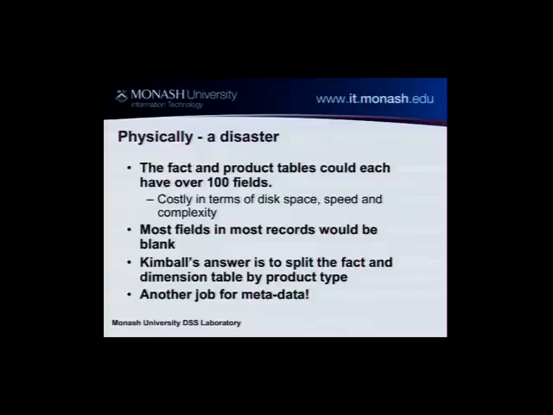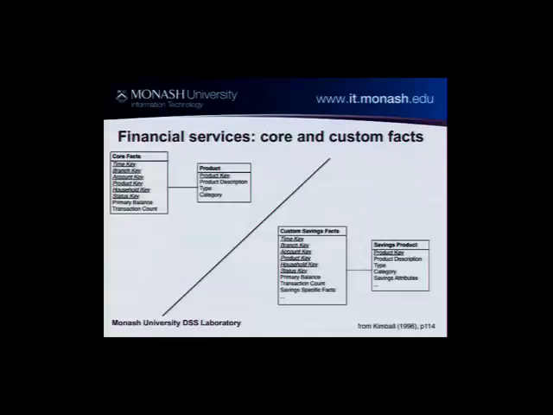But physically we can more efficiently store the different bits of information. So this is how it might actually look. So you end up with two, three, four, five different versions of the schema with different focuses.